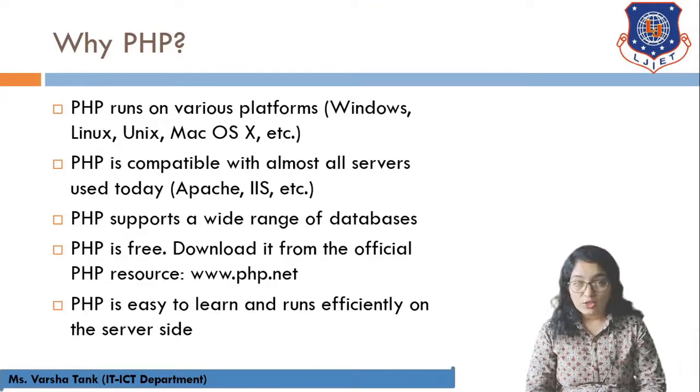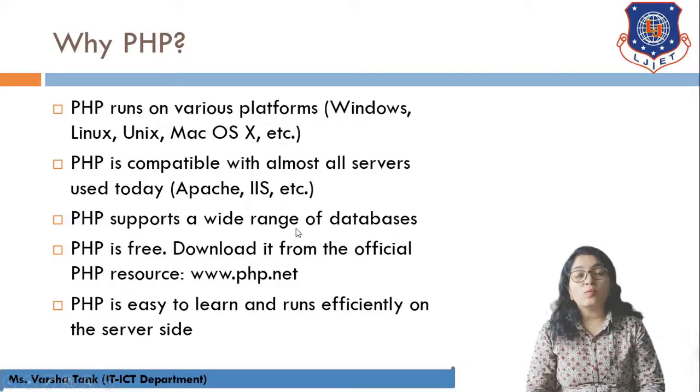Now, why PHP? In the previous slide also we learned why PHP is a popular and amazing technology. PHP runs on various platforms, that is Windows, Linux, Unix, Mac OS, etc. PHP is compatible with almost all the servers used today, that is Apache and IIS server.